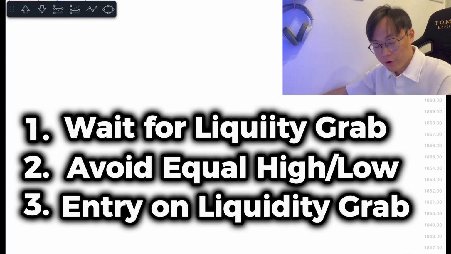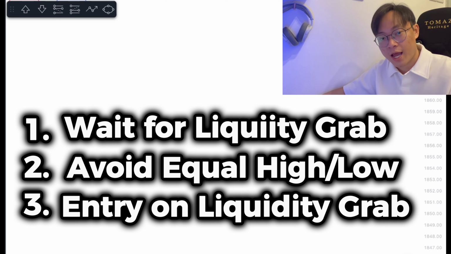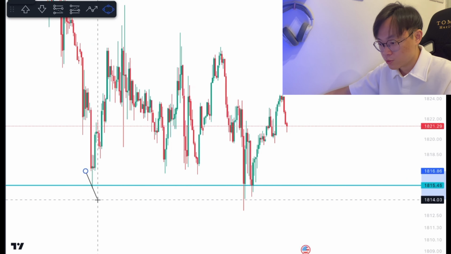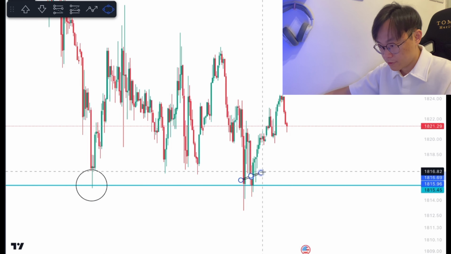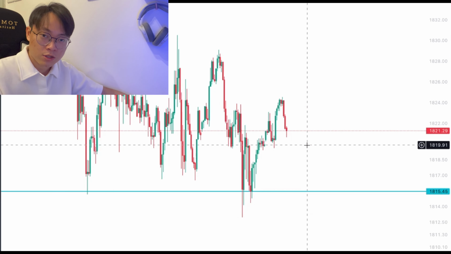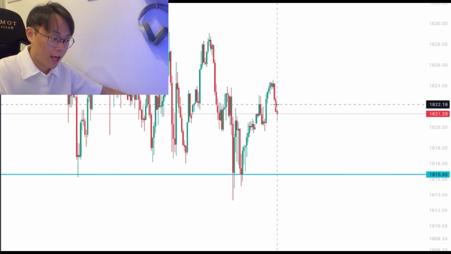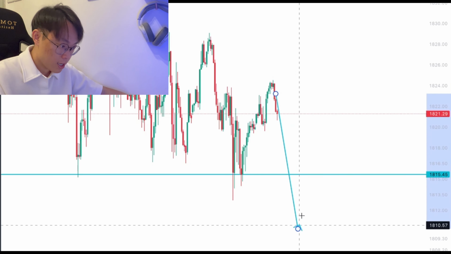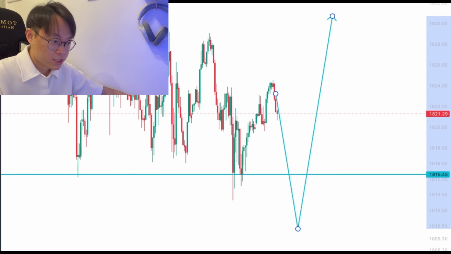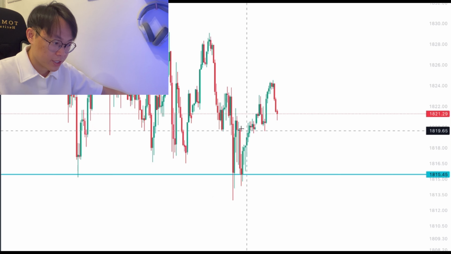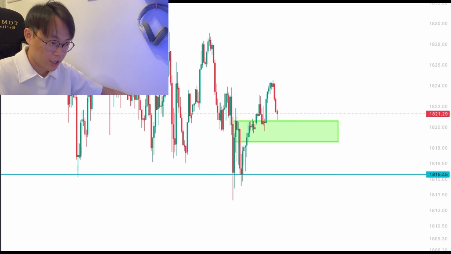So let's move on to the chart and see how we can actually do that. From here you can see that we have an equal low right here. When the price has an equal low and it is respected many times, there's a high chance that it's actually going to take off the liquidity before it tries to go up. So traders might try to get in too early right here based on the bullish momentum.